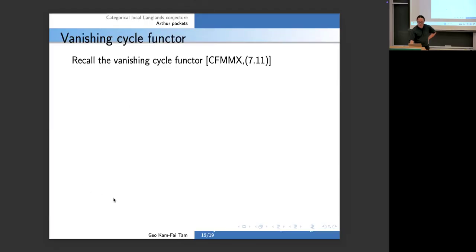So here I use the definition of the vanishing cycle functor given by Cunningham's paper, Cunningham and his group.